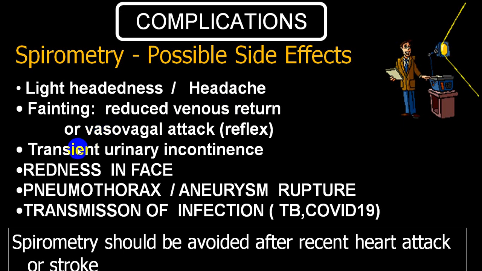A person who is already having urinary incontinence can have transient urinary incontinence because of venous congestion, redness of the face. Pneumothorax very rarely, if a person is already having emphysema, and particularly if there are superficial bulla or what we call blebs. If a person has an aortic aneurysm or thoracic aneurysm, it can rupture, very odd complications.